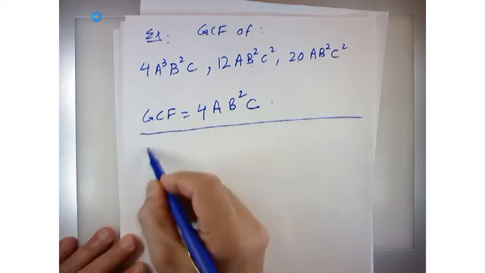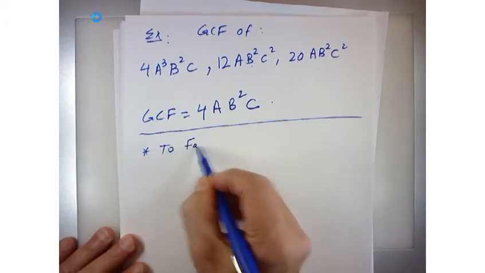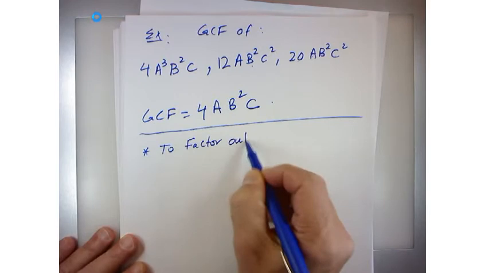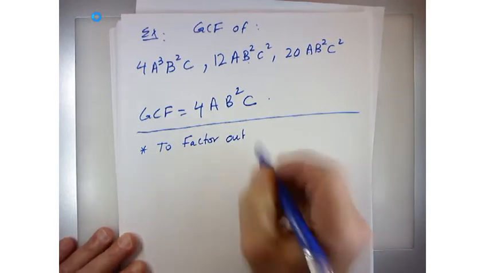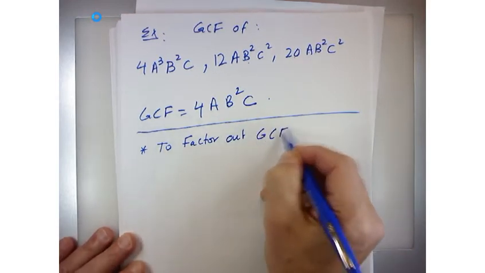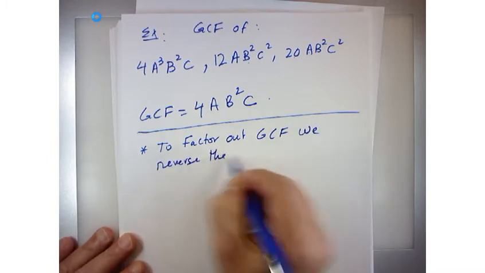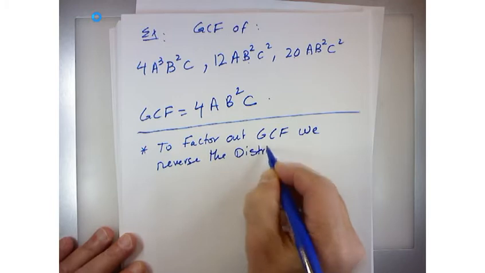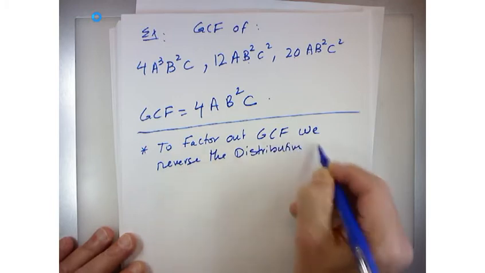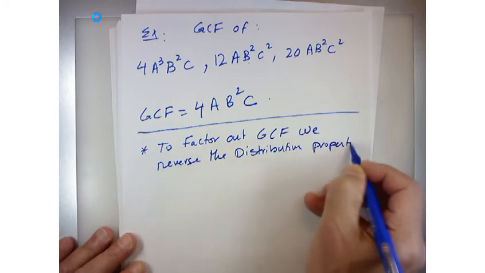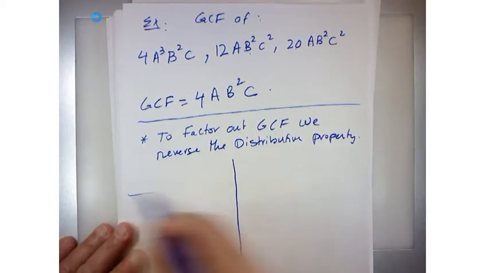Now, how do we factor out the greatest common factor? That's what we're about in chapter 6. We're factoring. So to factor out the GCF, we reverse the distributive property. So let me explain that.